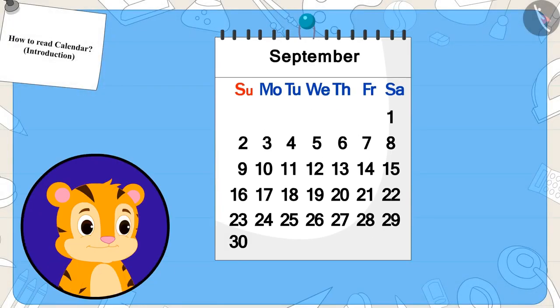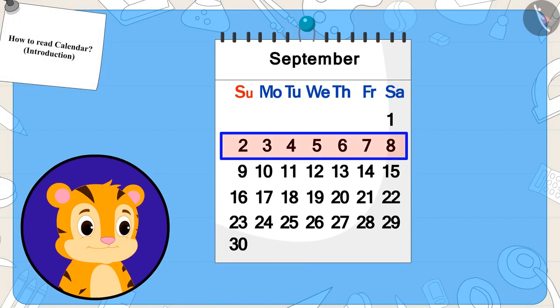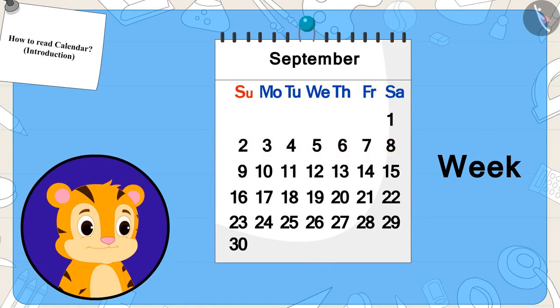Because 1 week is made by adding 7 days. And as soon as 1 week ends, another week starts. So once again, the second week starts from the same day. And so, the names of the days are written only above.